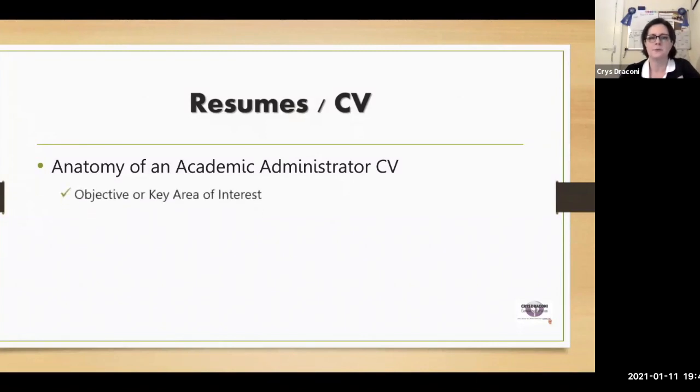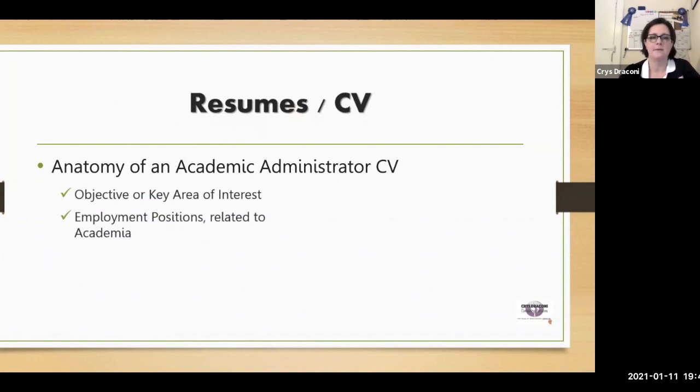So you should always have your objective or your key area of interest. Obviously, CVs have the objective usually at the top, but you can also focus on your key area of interest. So maybe you're interested in being within a residency, maybe a fellowship, maybe more leadership, whatever. Then employment positions as they relate to academia.